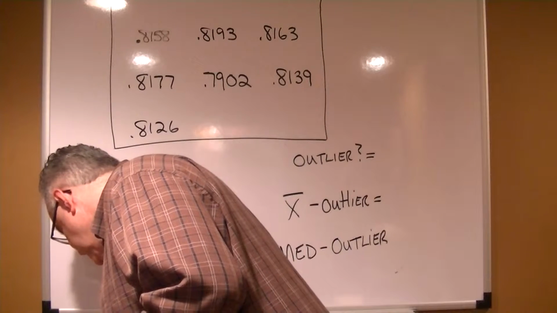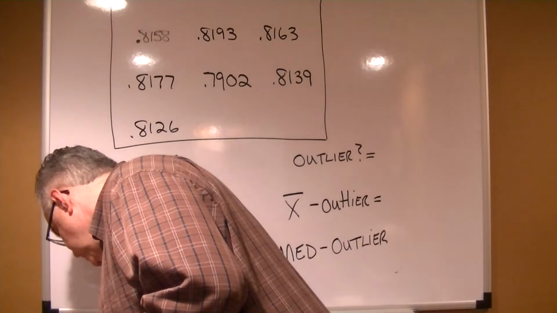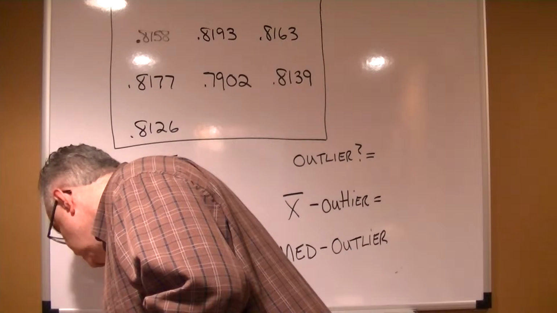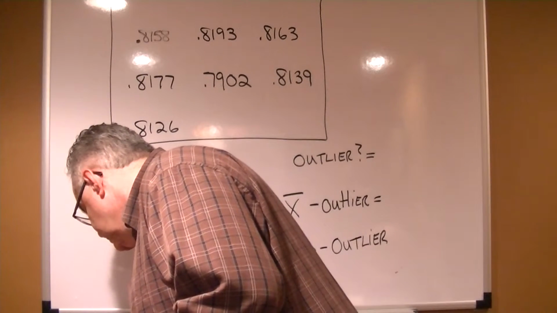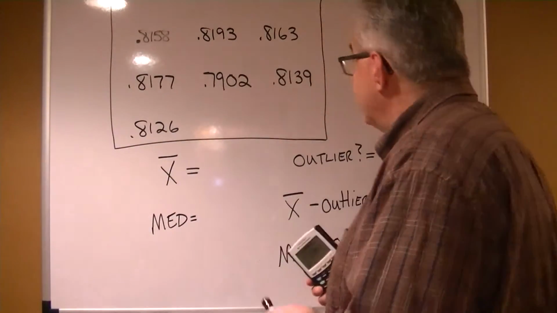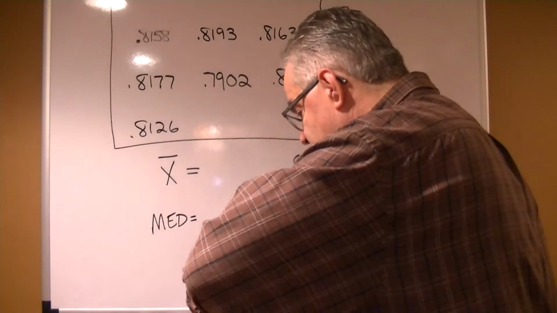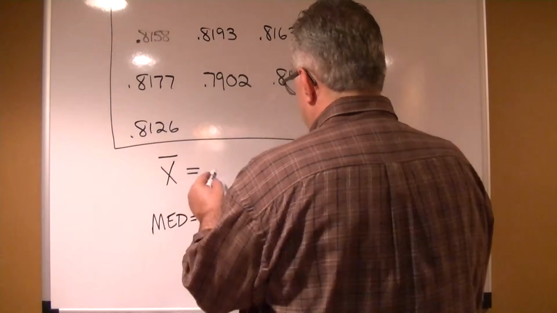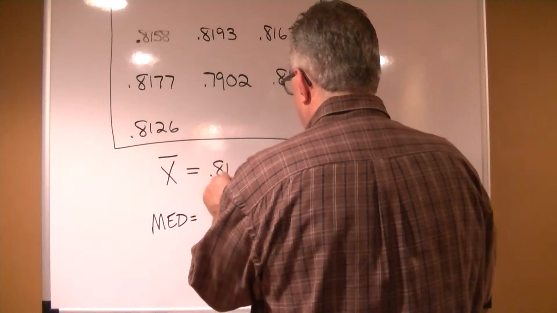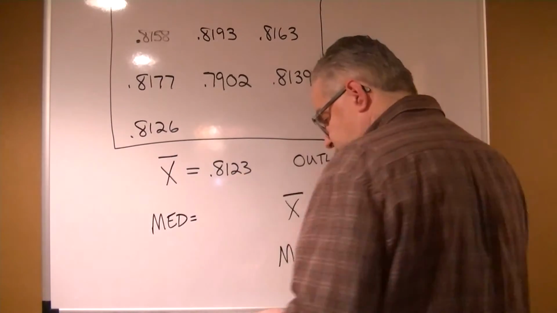It says type an integer or decimal. I got 0.8123 if I round it to 4 decimal places.